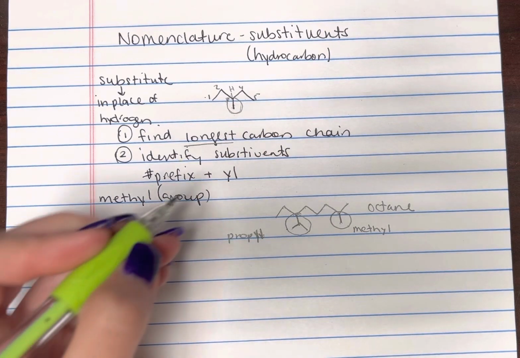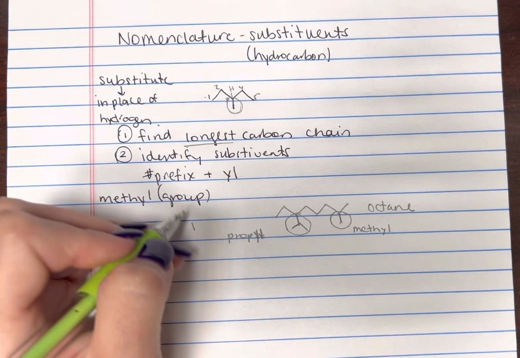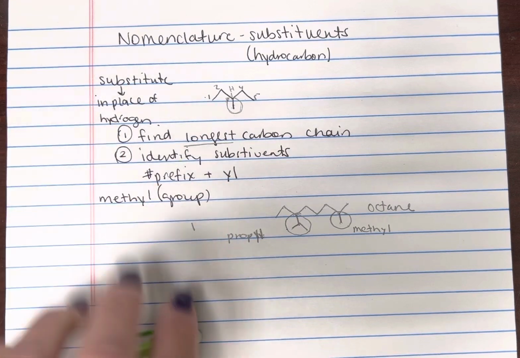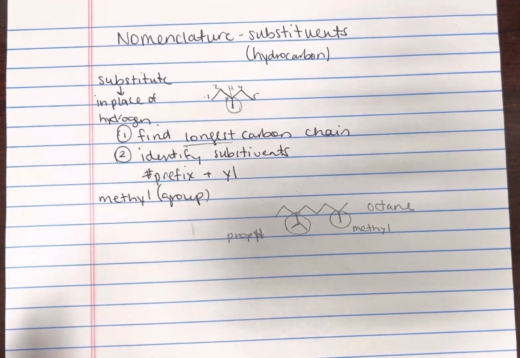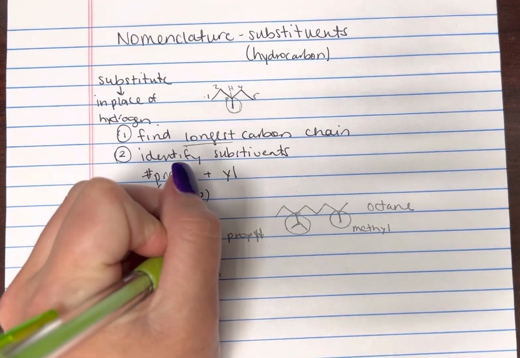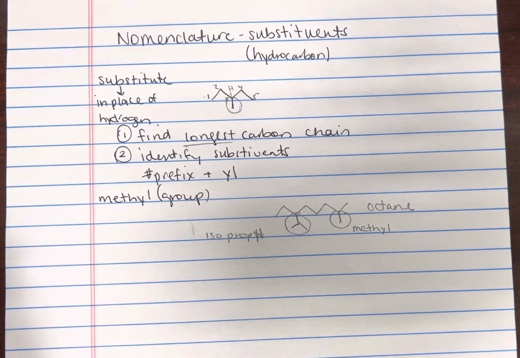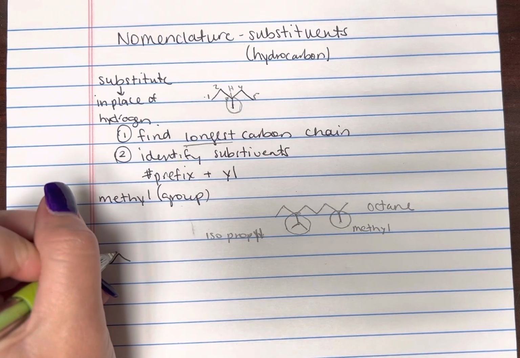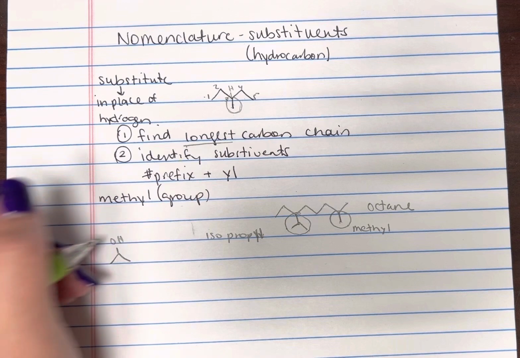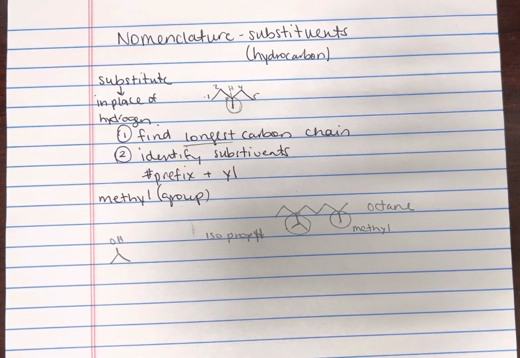Now, because of this specific shape, where it's nice and symmetric here, this is actually called isopropyl. You've probably heard of isopropyl alcohol. So isopropyl alcohol looks like this. And if you remember me, I love symmetry.